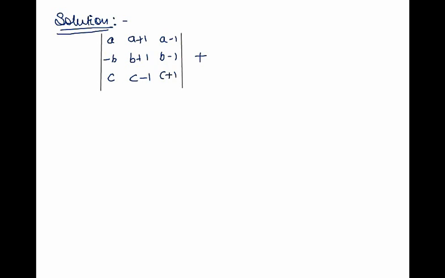And another determinant, the second one is this one, A plus 1, B plus 1, C minus 1, the first row. The second row is A minus 1, B minus 1, and C plus 1. And the third row will be minus 1 to the power n plus 2 times A, minus 1 to the power n plus 1 times B, minus 1 to the power n times C.